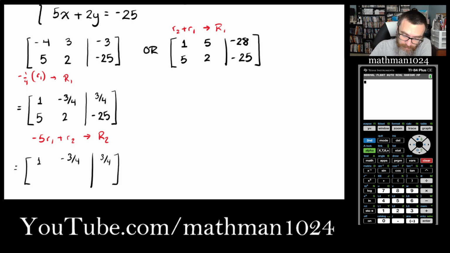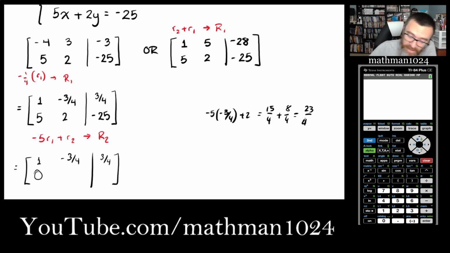If I do -5 times 1 is -5 plus 5, we have 0. -5 times that plus 2. That may be kind of messy, so have a piece of scratch paper so you can work this stuff off to the side. So -5 times -3/4 plus 2. So that's 15/4 plus 8/4, which gives me 23/4. Okay, not pretty, but it is a number.